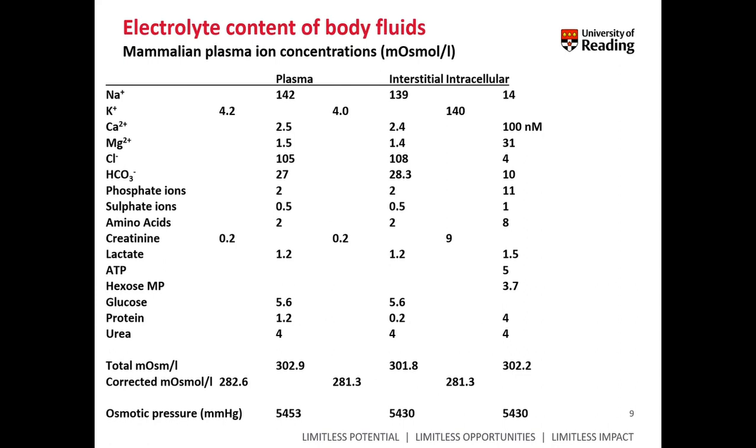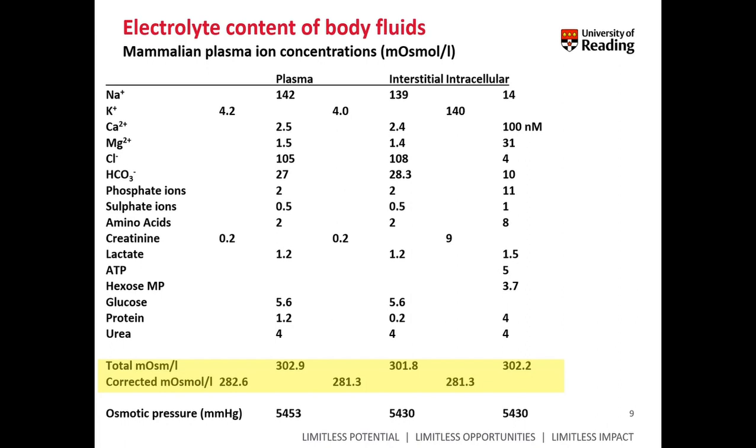And so once again, our concentration, right? So this is the plasma ion concentration. What is the osmolarity of these? The total osmolarity is given by the number of equivalents.